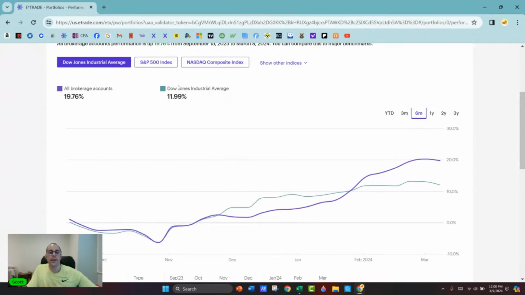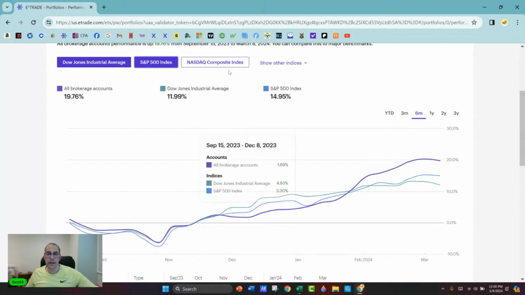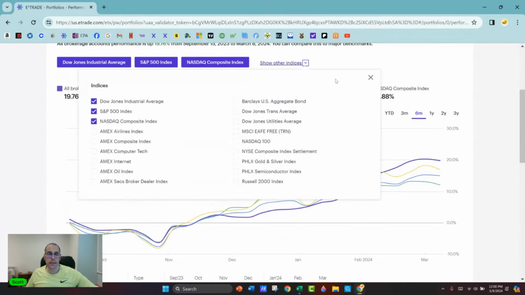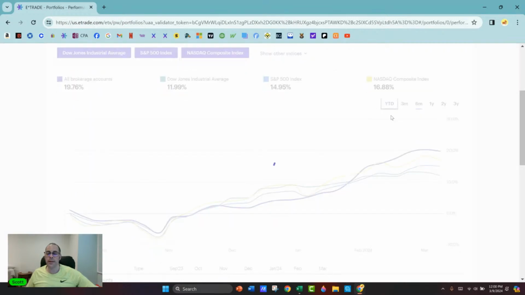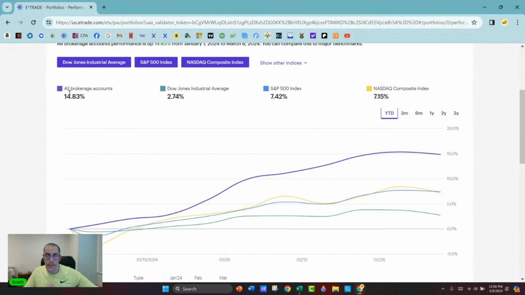Oh, they compare it to the Dow. I didn't even see this. Okay, I'll just compare it to these 3 indexes. So in my brokerage accounts, I'm up 15%. The S&P is up 7%.